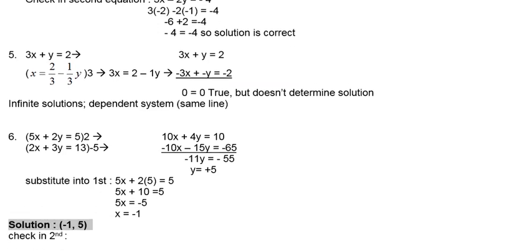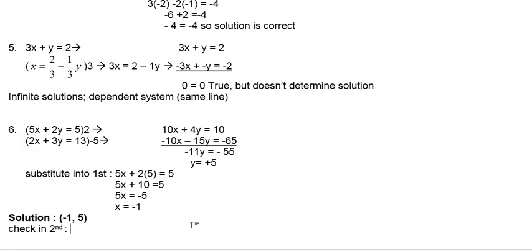So when we check that in our second equation, we're going to get 2 times minus 1 plus 3 times 5 hopefully equals 13. Minus 2 plus 15 equals 13. And yes, in fact, we get 13 equals 13. So the solution is correct.